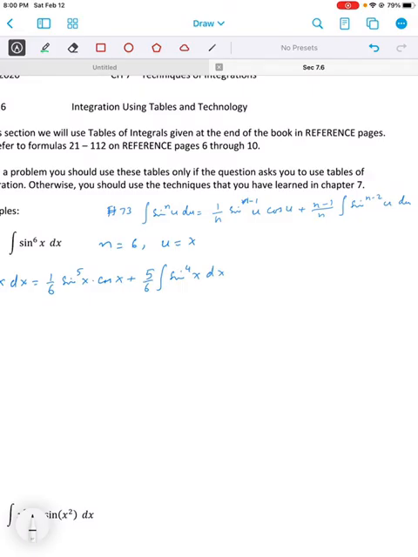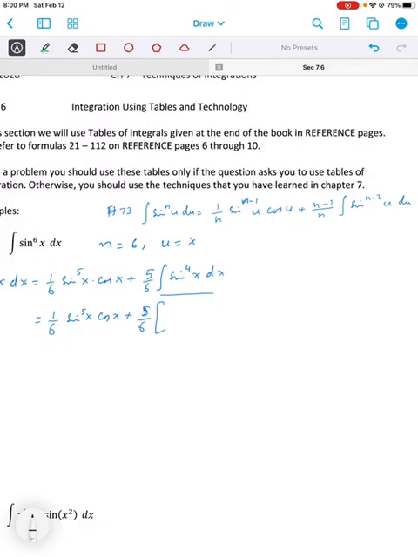So now notice we have to apply the formula on sine to the 4th of x in this integral. So we will keep the first term as it is, plus 5 over 6, and now I'm going to put a bracket here because everything will be multiplied by 5 over 6.